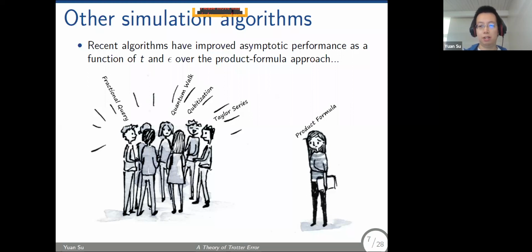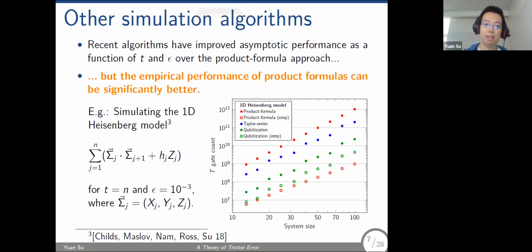But in this talk, I would like to argue that maybe this is not the right thing to do because actually, if you look at the empirical performance of doing quantum simulation, then in many cases, product formulas could be advantageous. So for example, here I'm doing a simulation of a 1D Heisenberg model.